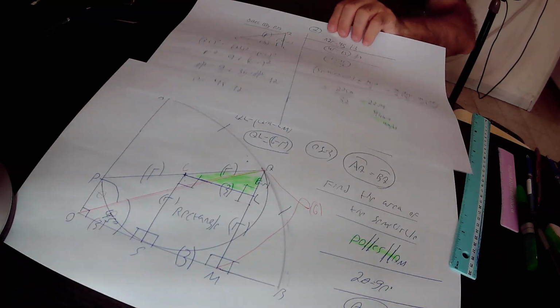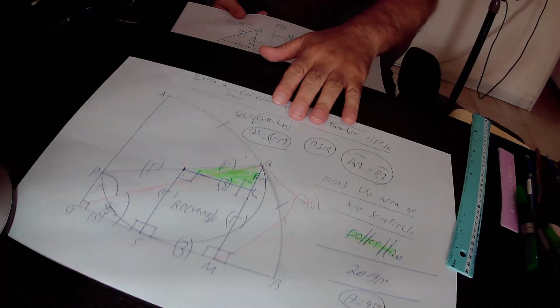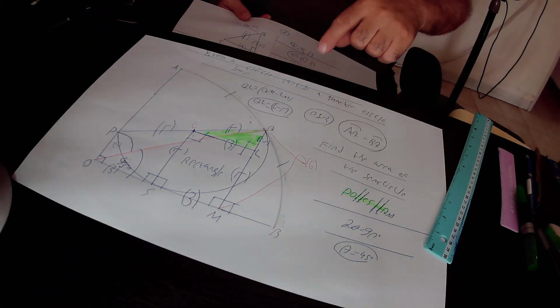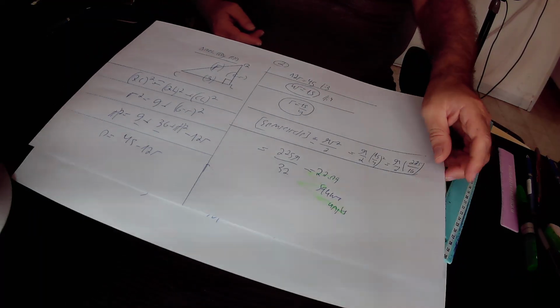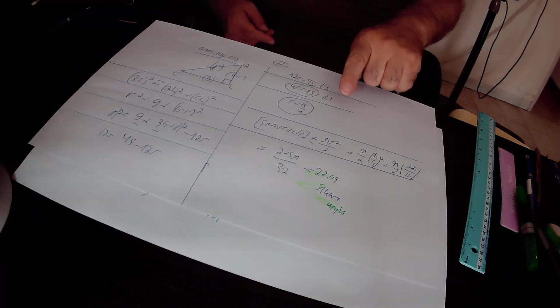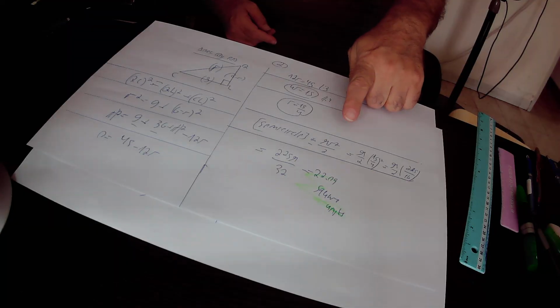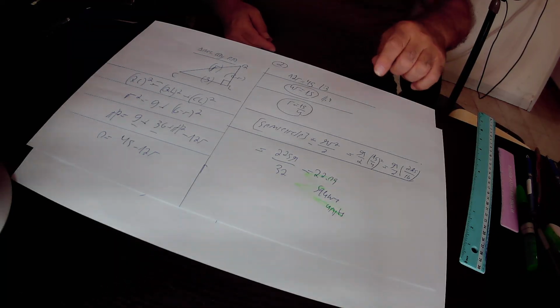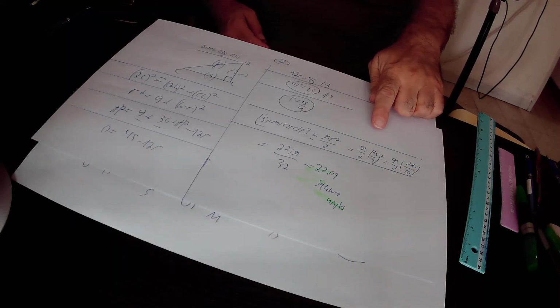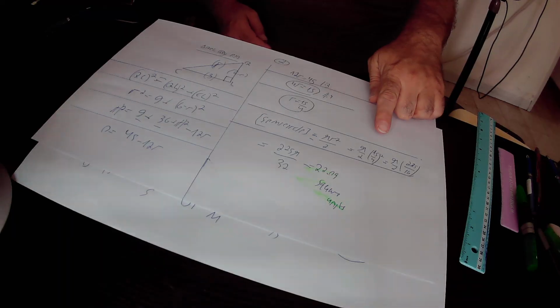Our task is to find the area of this semicircle. We know that the area of a semicircle equals the area of the circle, pi r squared, over 2. So the area of our semicircle equals pi r squared over 2, that is pi over 2 times r squared.